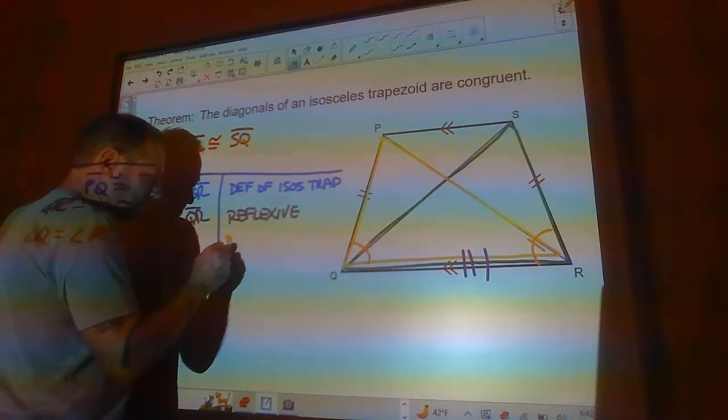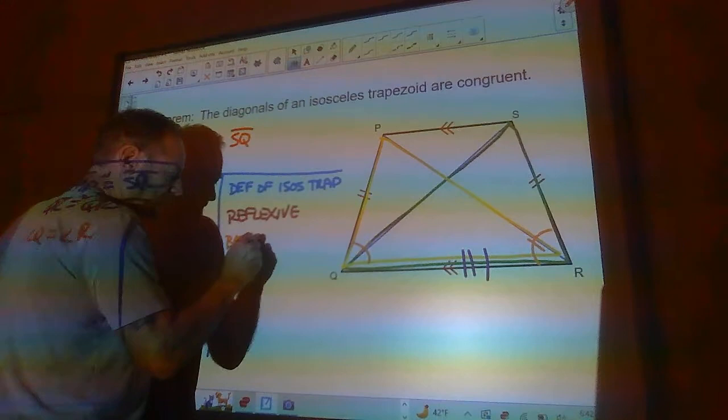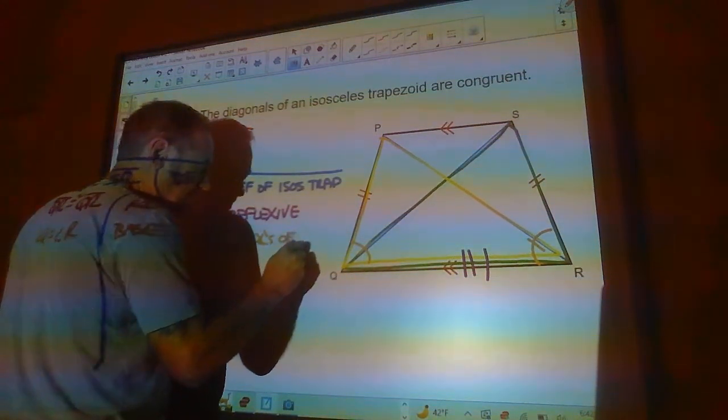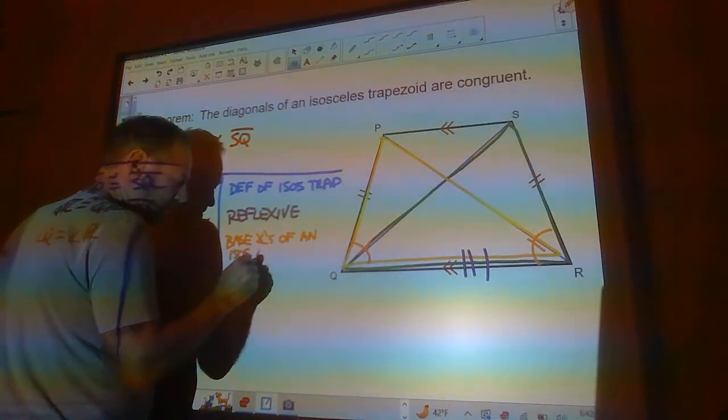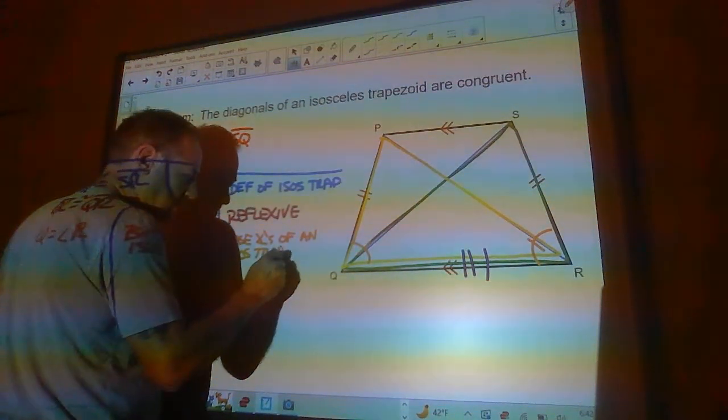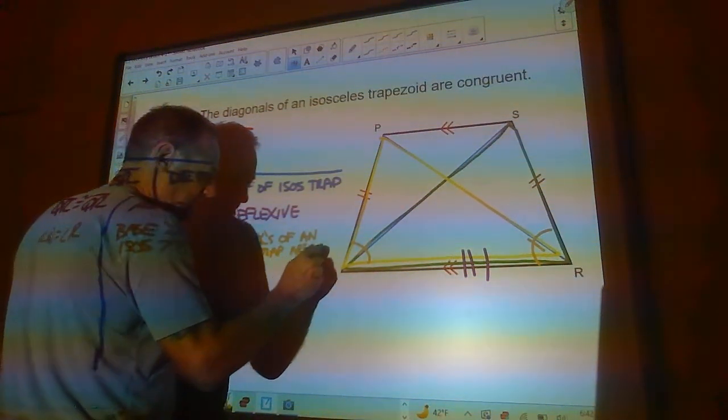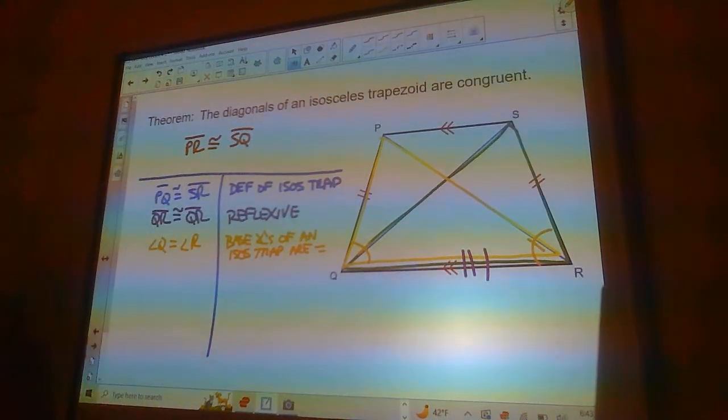So we would say the base angles of an isosceles trapezoid are equal. That was a theorem we had earlier.